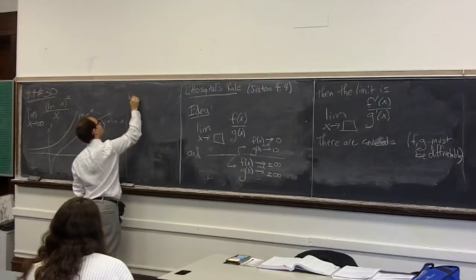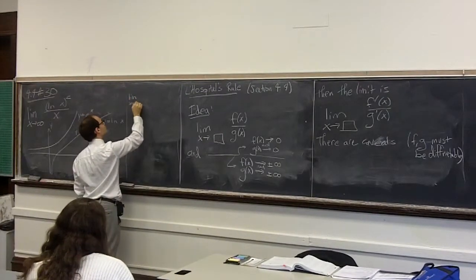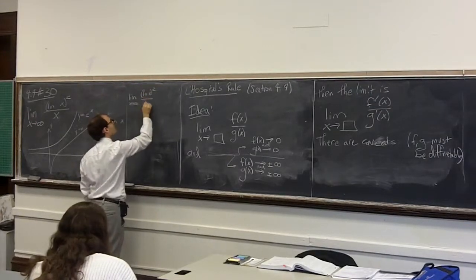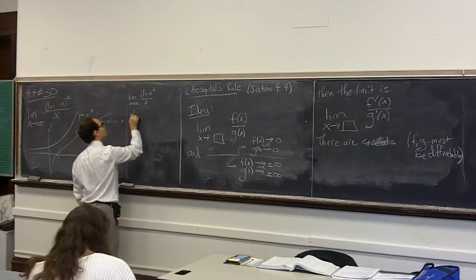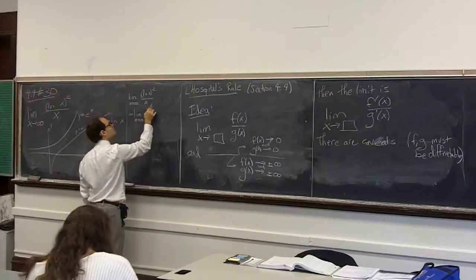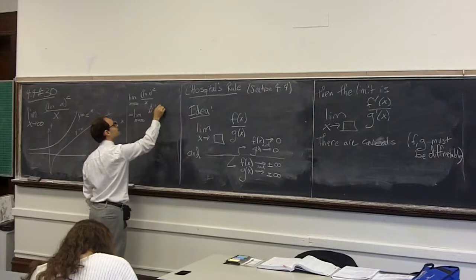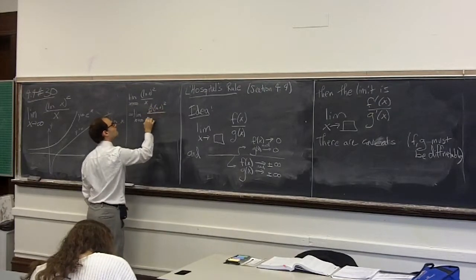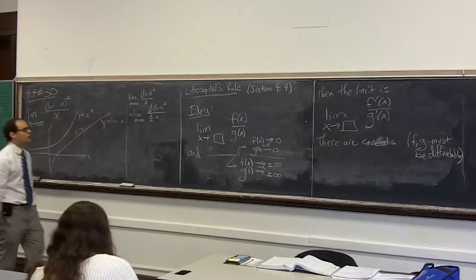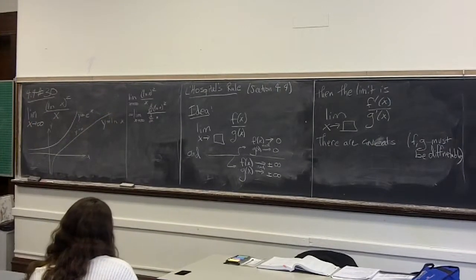So the limit as x goes to infinity of natural log of x squared over x is equal to the limit as x goes to infinity of the derivative of the numerator over the derivative of the denominator. That's what it says.